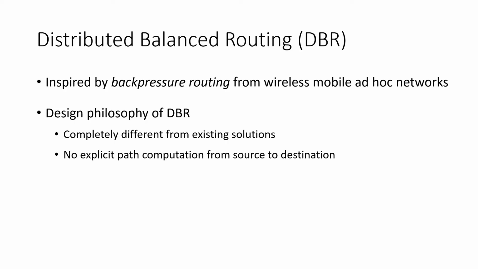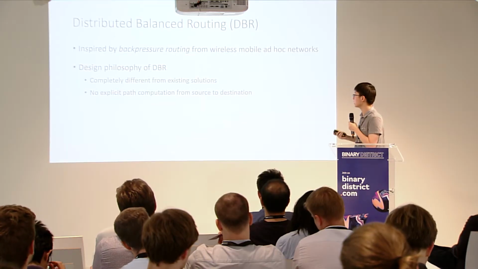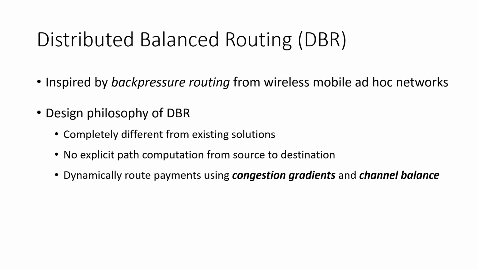The design philosophy of distributed balanced routing is that it is completely different from existing solutions, because there is no explicit path computation from source to destination. The value is just dynamically routed through congestion gradients and channel balances.